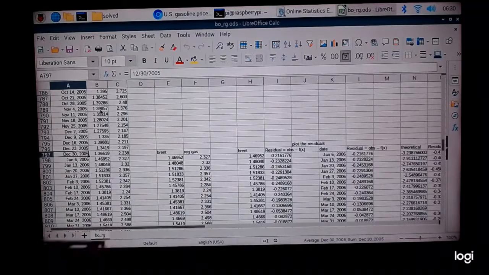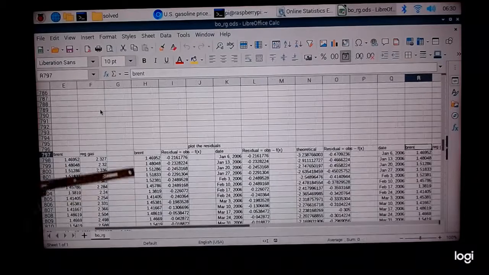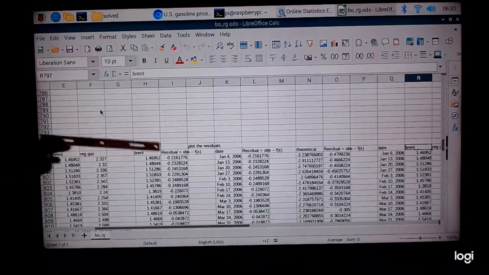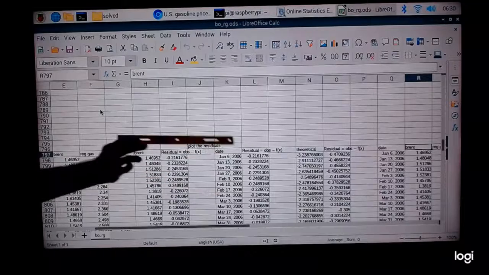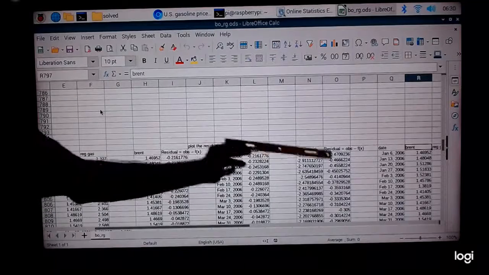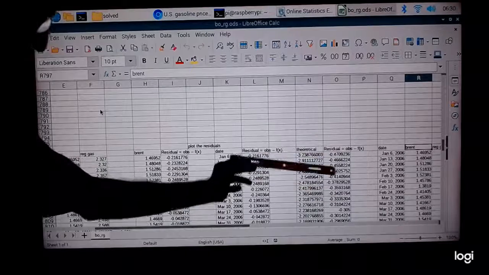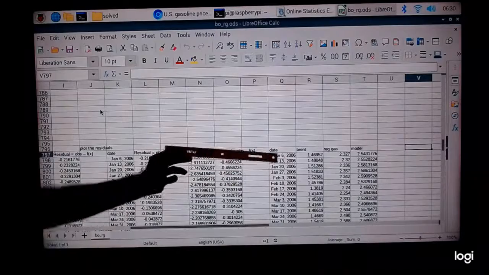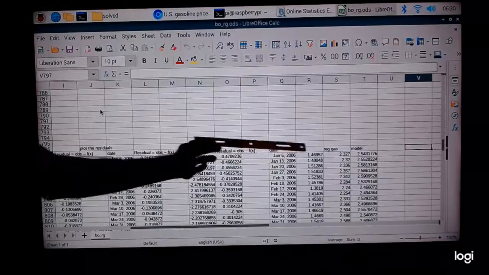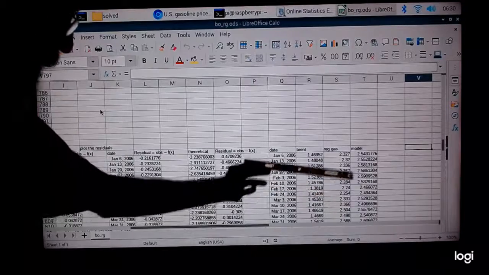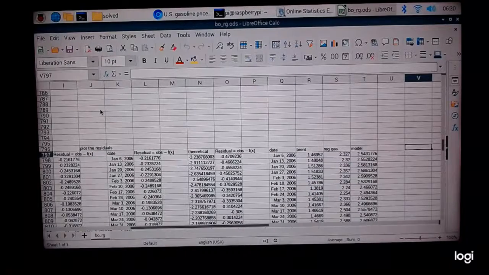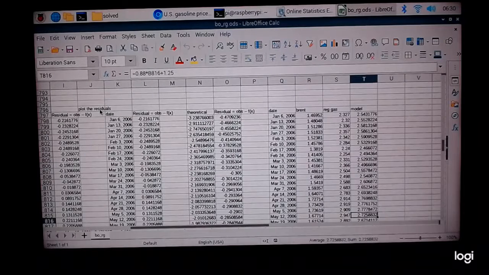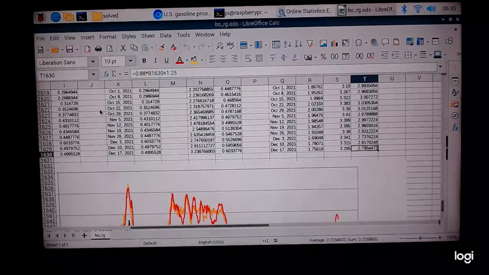I plotted the residuals, and I'll show you my residuals. I plot Brent with the residuals, time with the residuals. There's my QQ plot with the residuals, and that should be a straight line. And this is my model. The date, Brent, regular gasoline, and there's the model. What the linear regression was modeling.